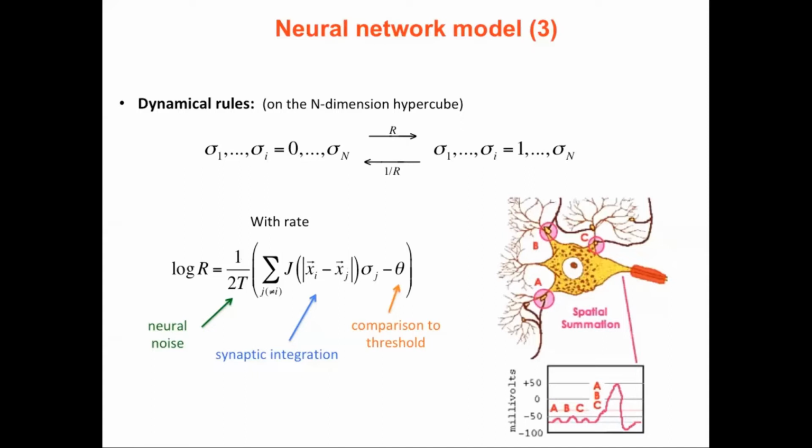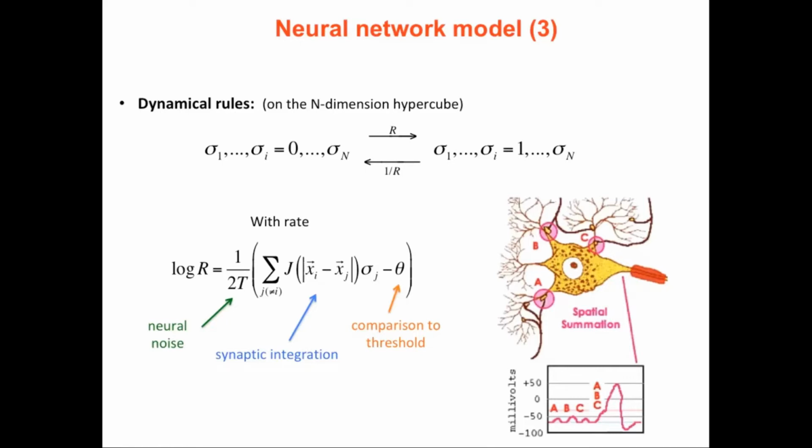So you see, if T is equal to 0, I will get a very strongly positive or very strongly negative number for log R. That means my rate R will be either very large and positive or very close to 0. If T is large, then I get log R very close to 0. That means R very close to 1, and there will be essentially no distinction between the left update and the right update, because R and 1 over R are very similar in value.